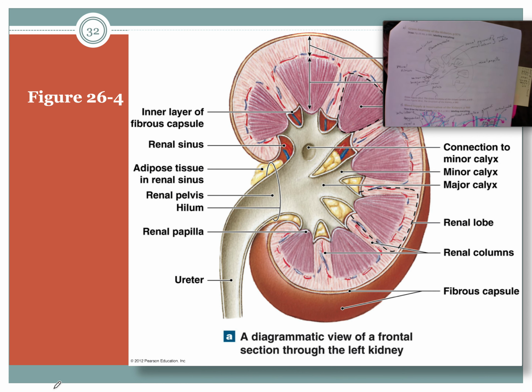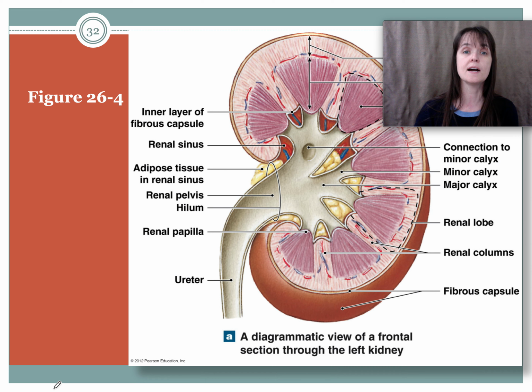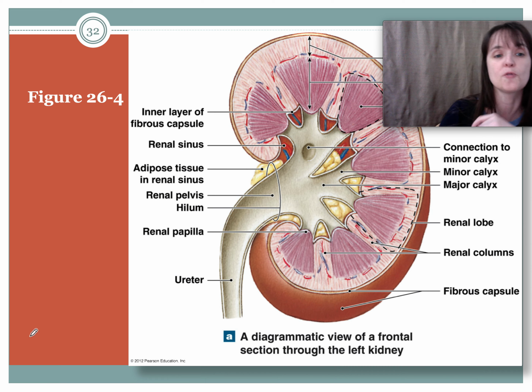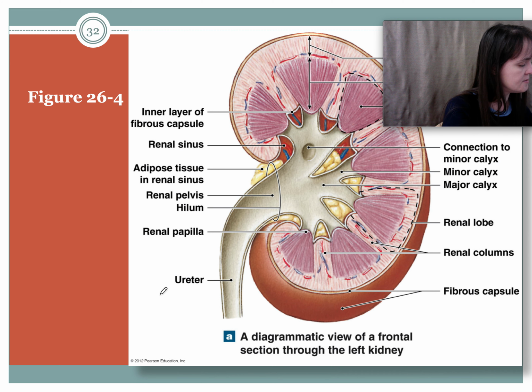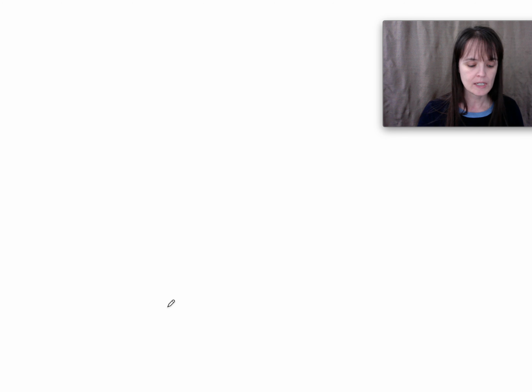And again, these are all lab terms, so if you haven't started lab yet, now is the time because you need these kidney terms for both lecture and lab. So if you don't mind, I will draw you a terrible rendition of a kidney. Okay. So we have, let's actually start with pyramids.